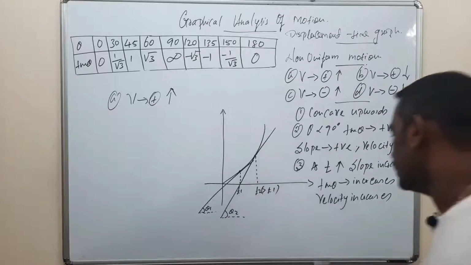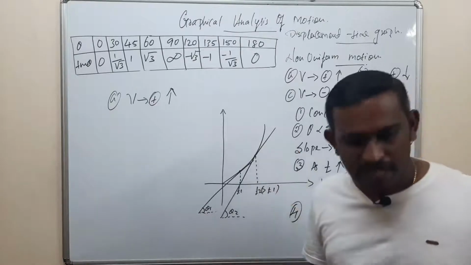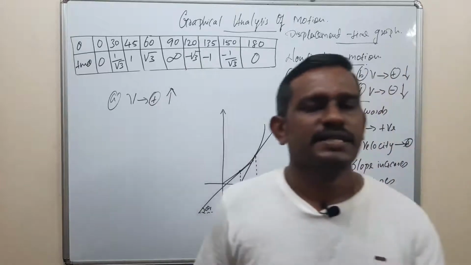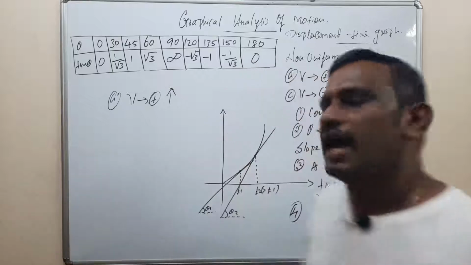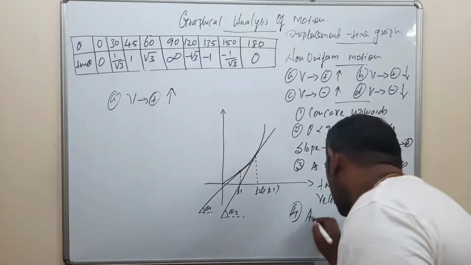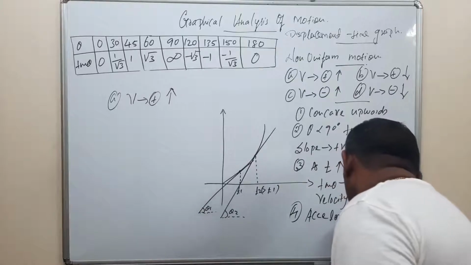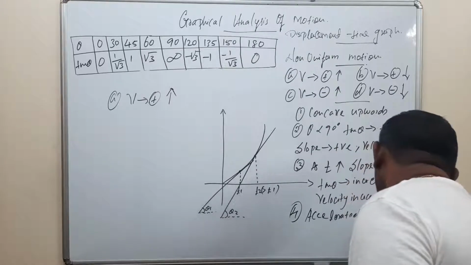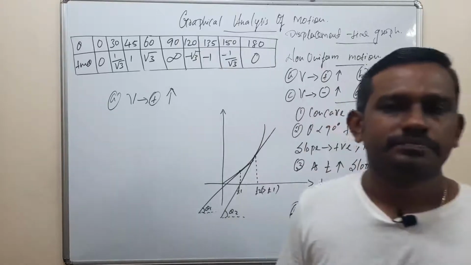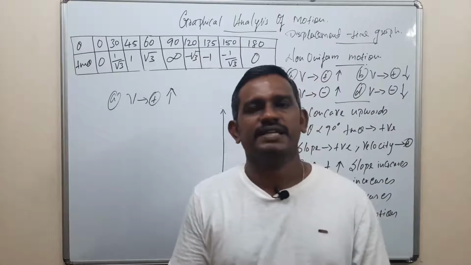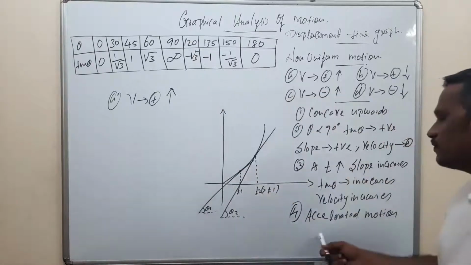So what about the acceleration in this case? As velocity increases, it is an accelerated motion. So what is the direction of the acceleration? Acceleration is also in the direction of the velocity.